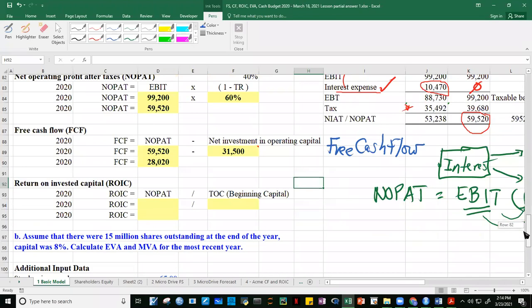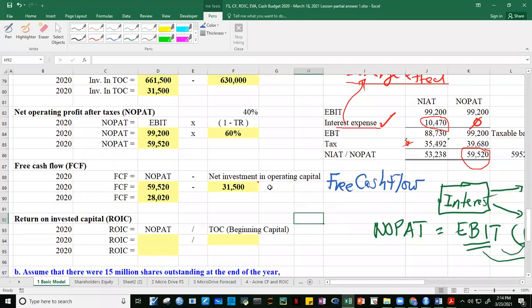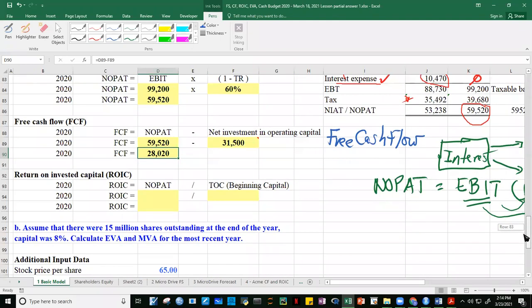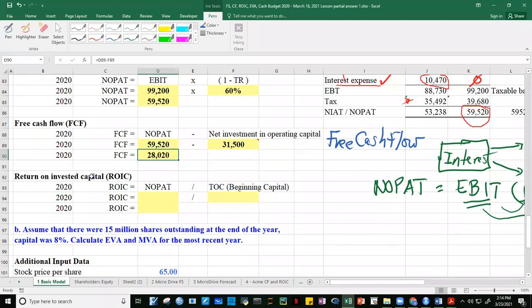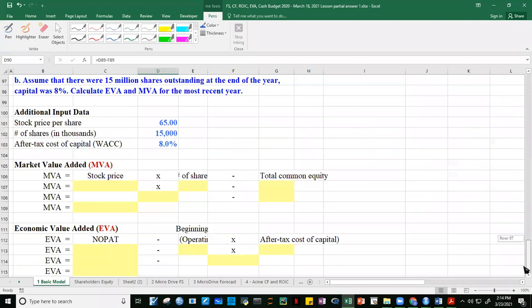I already posted that. Okay, so it's almost time guys. So we'll pick it up from here yung concept ng free cash flow. Paki-research guys, ano ba yung free cash flow, saan ba ginagamit 'yan? And then we look at the concept also of ROIC, return on investment. And then also the concept of MVA and EVA.